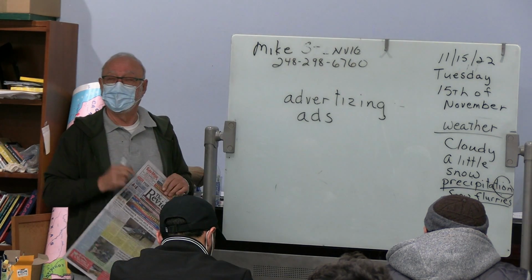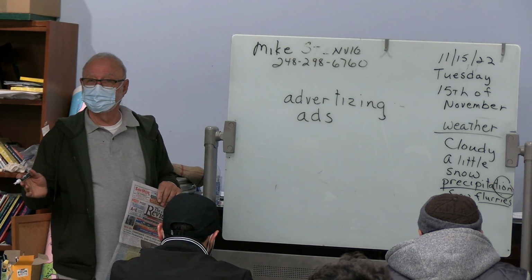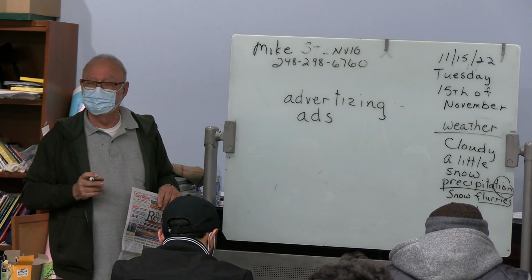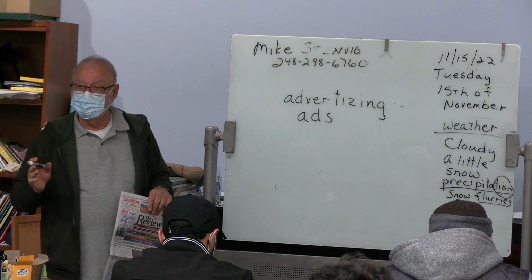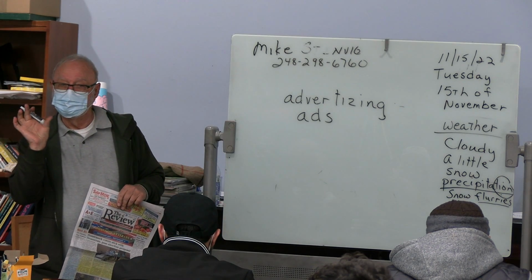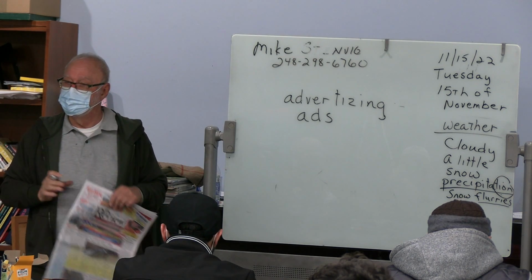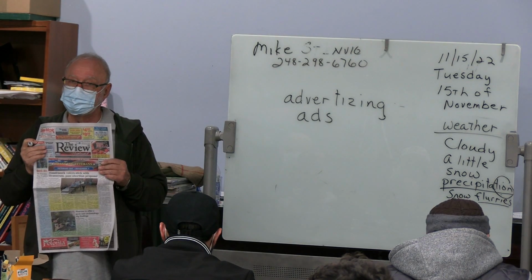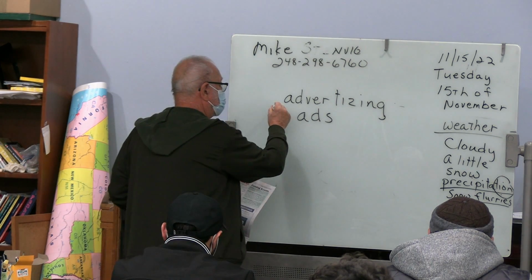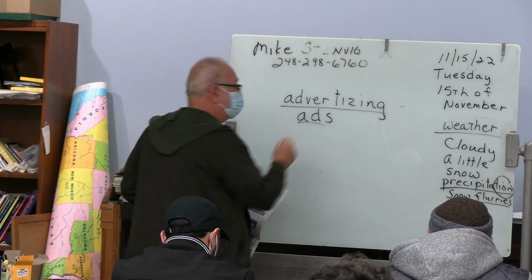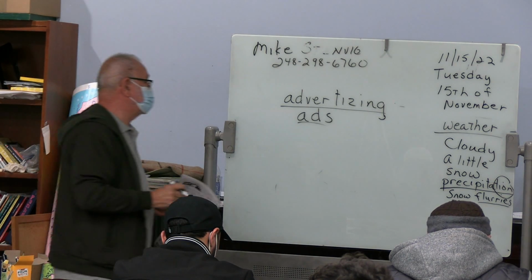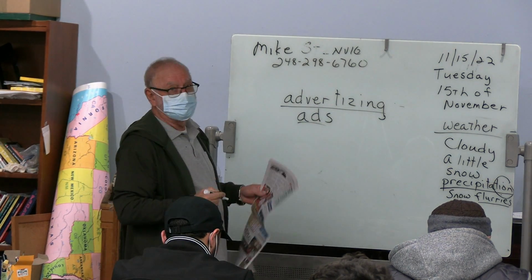This is an abbreviation. Do we remember that? Ads. What is abbreviation? Initials. Well, letters, shorter words. Yeah. Make it shorter. So, ads. They mean the same thing. I should say, this is the action, advertising.